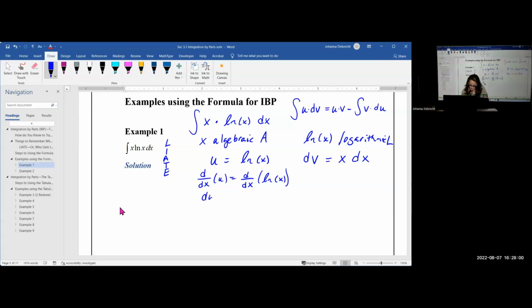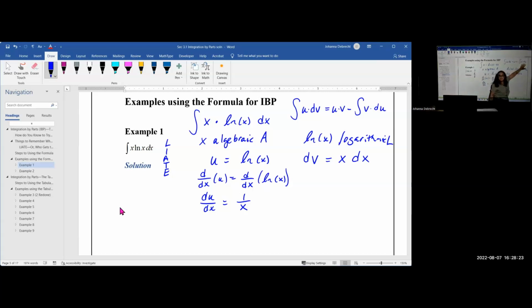This means that I have du/dx is equal to 1 over x, right? Remember, the derivative of natural log is 1 over the argument times the derivative of the argument, and the derivative of x is 1. So we have du over dx equals 1 over x. Now I want du, right? Because look at my formula.